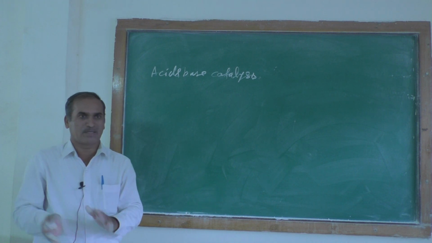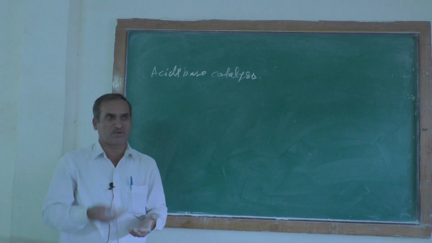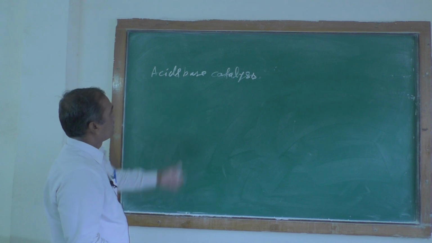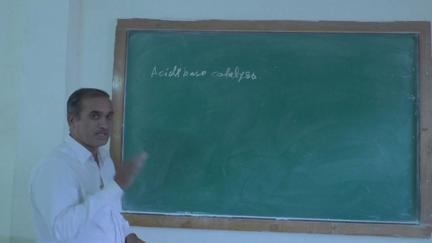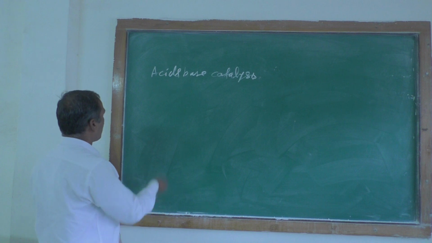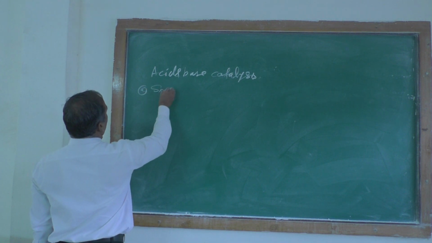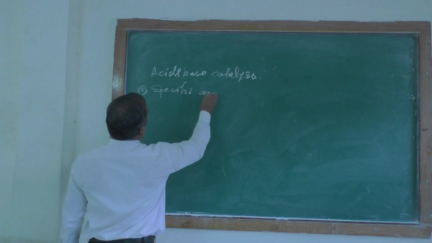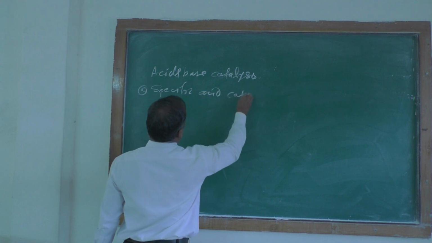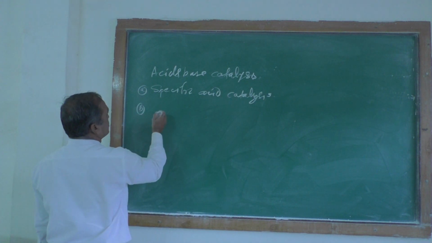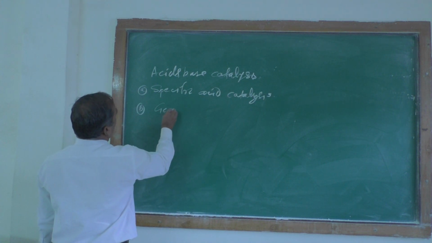And what do you mean by acid and base? A catalytic amount of acid or base is required to speed up the reaction, and acid-base catalysis is mainly divided into two types. The first one is specific acid catalysis, and the second one is general acid catalysis.